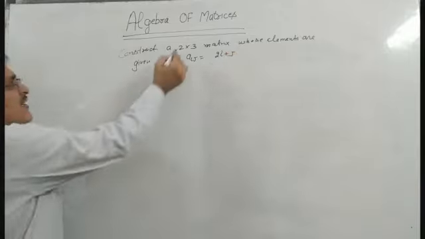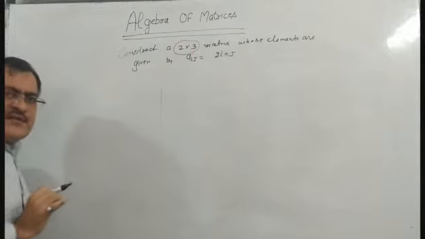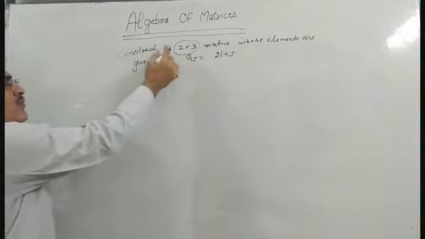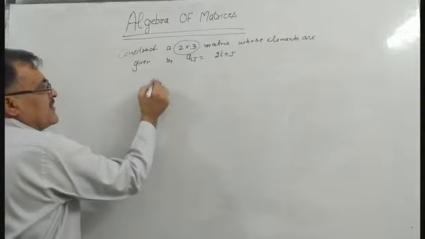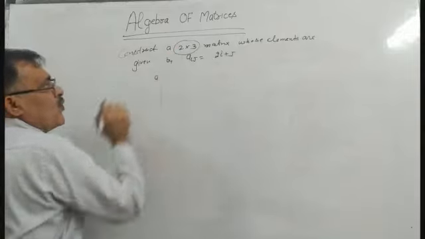We form the elements of the 2 into 3 matrix. First, draw a matrix of 2 into 3. Write their addresses. A, that is, 2 rows and 3 columns.